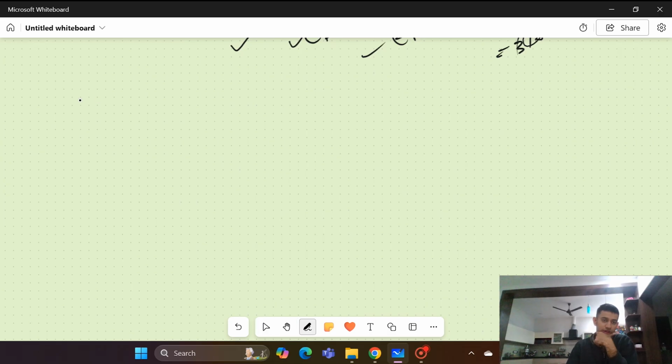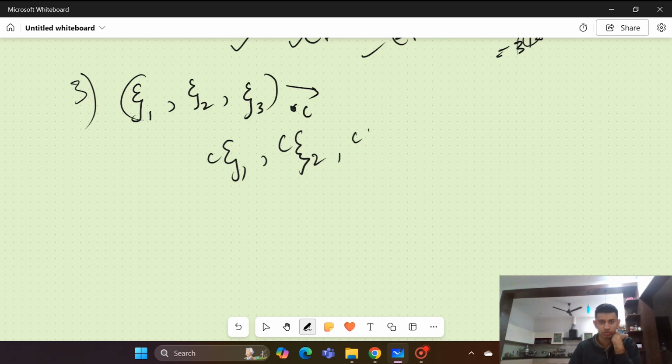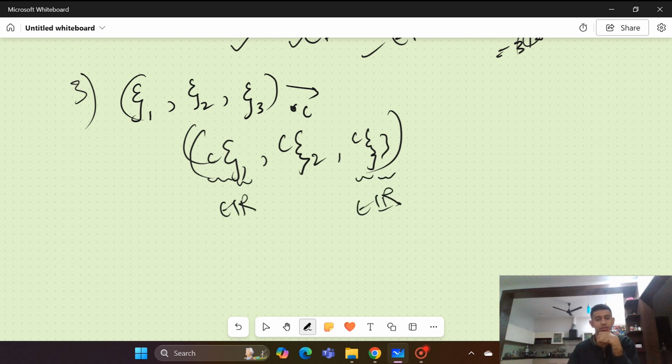We can now look at condition 3, which is multiplying with C, sorry, a scalar multiple by C. If you get CG1, CG2, CG3, this works for a few of these. This is a real number and this is a real number, so their multiplication is a real number. This is a real number and this is a real number, so their multiplication is a real number.